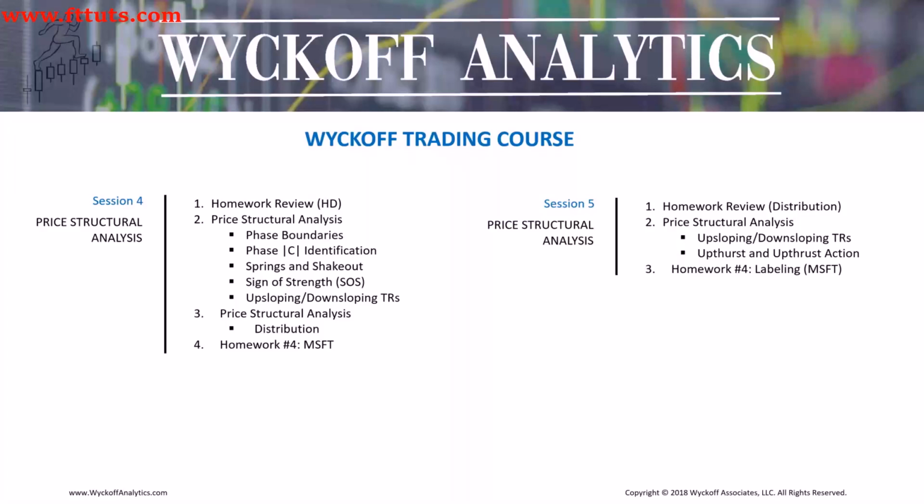We've covered phase boundaries and phase C identification. Still to cover: sprints and shakeouts, signs of strength, upslope and downslope and trading range. Distribution, and then the next homework on Microsoft.